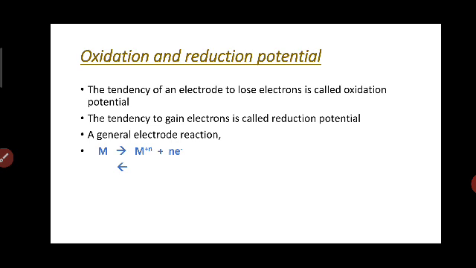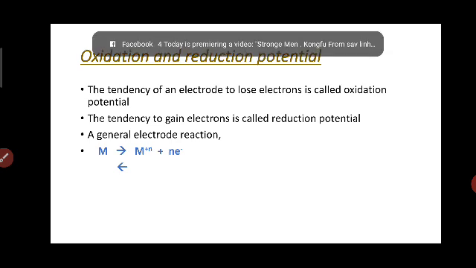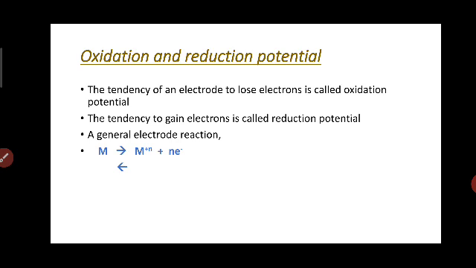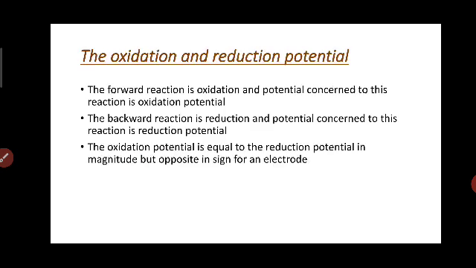It is represented with the reaction M gives M n plus plus n electrons. The forward reaction is called the oxidation potential, and the backward reaction, which takes place, is the reduction potential.